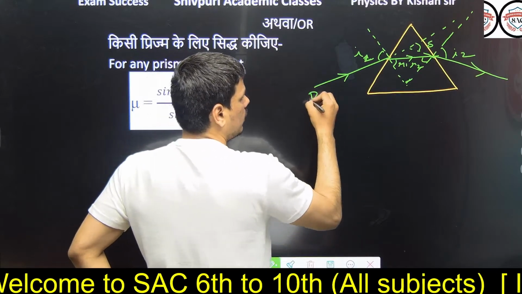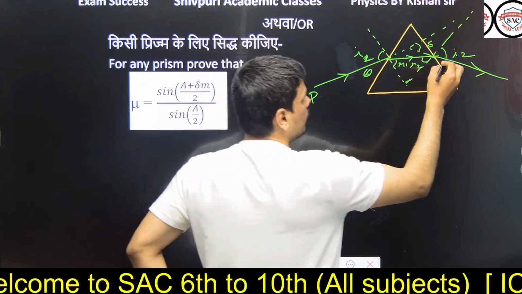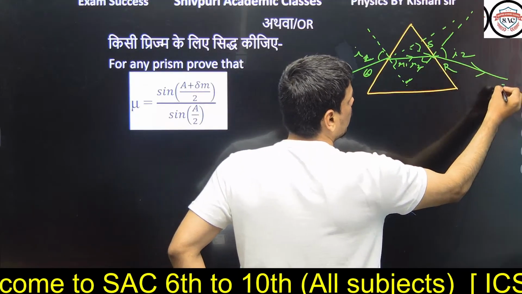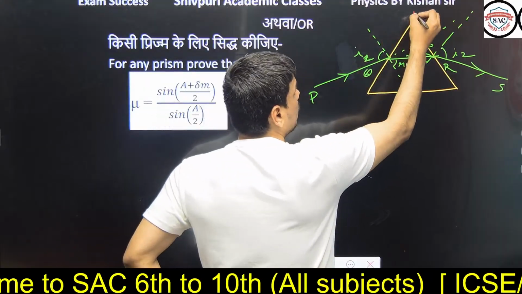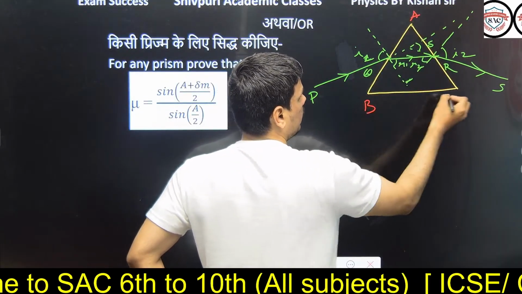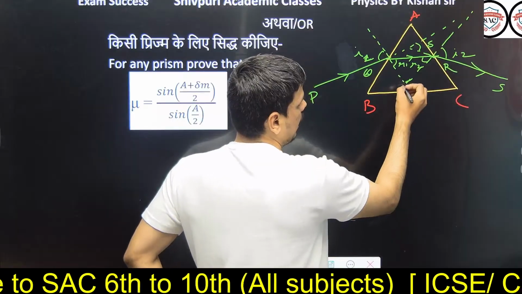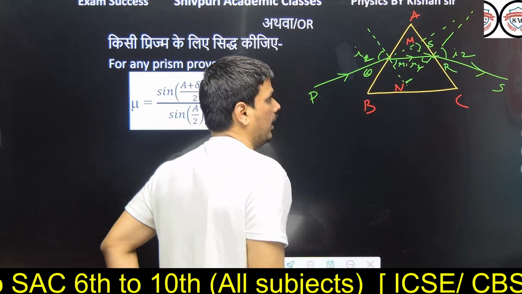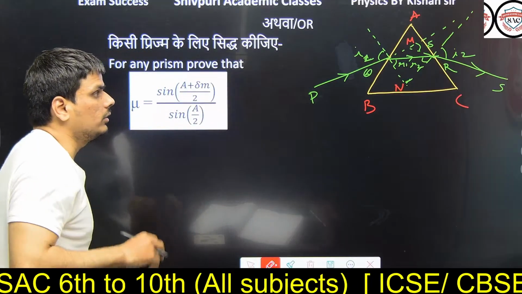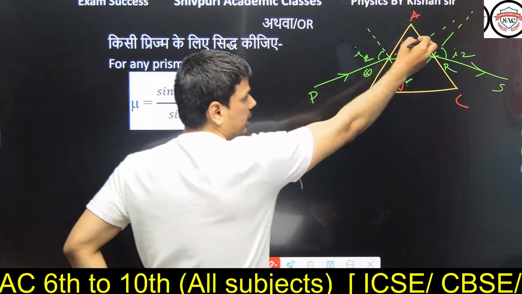We could name the points P, Q, R, S, or we could name our prism A, B, C. This should be our point N, and this should be our point M. Now look at the angle of deviation delta.